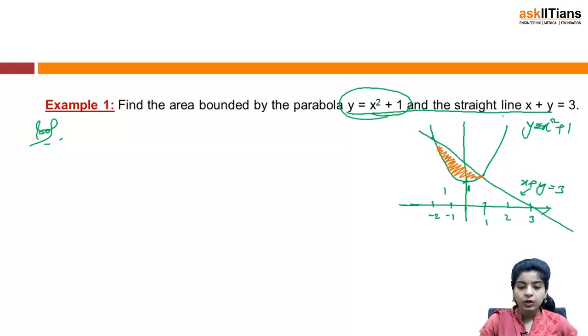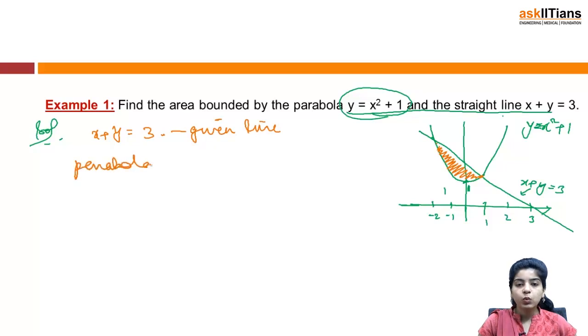So first of all, in any such question, what should be your line of action? Firstly, you will find out the points of intersection. How do you do that? We have the given line x plus y equal to 3, and the parabola is y equal to x square plus 1.